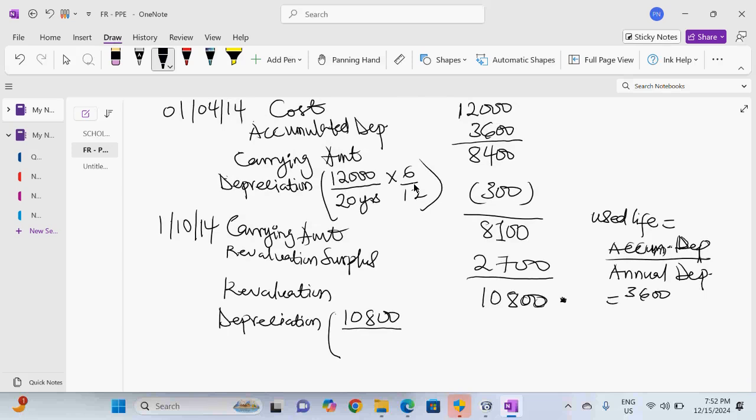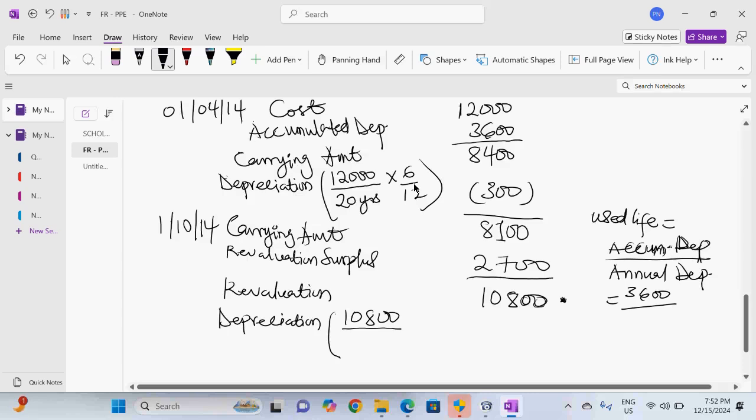That is the 3,600 all over the annual depreciation. What is the annual depreciation? Depreciation is cost over useful life.